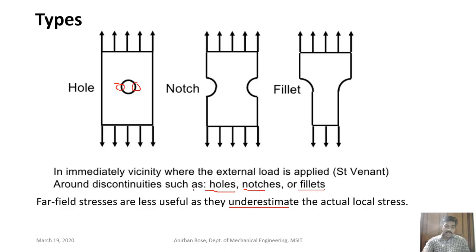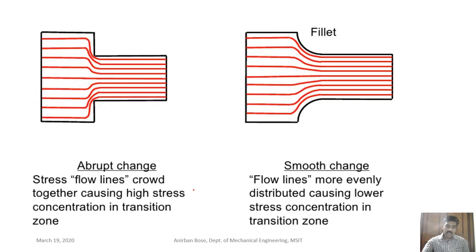Okay, so now let us try to make an analogy with the flow field. If you consider this is a pipe where here the section is very large and here the section is small, then if the fluid is flowing, what will happen?